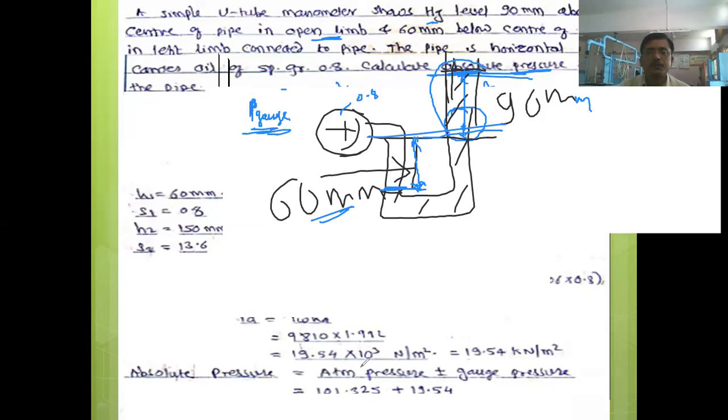After drawing this diagram, we will try to solve the problem. Those students who have not drawn the diagram can draw it here, or I will draw it once more, as some students might not be getting exactly what has been shown here. This is the cross section of the pipe.